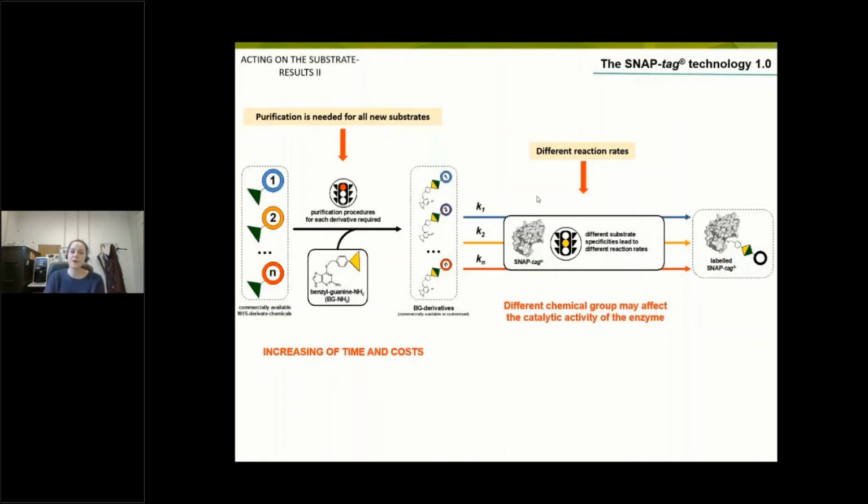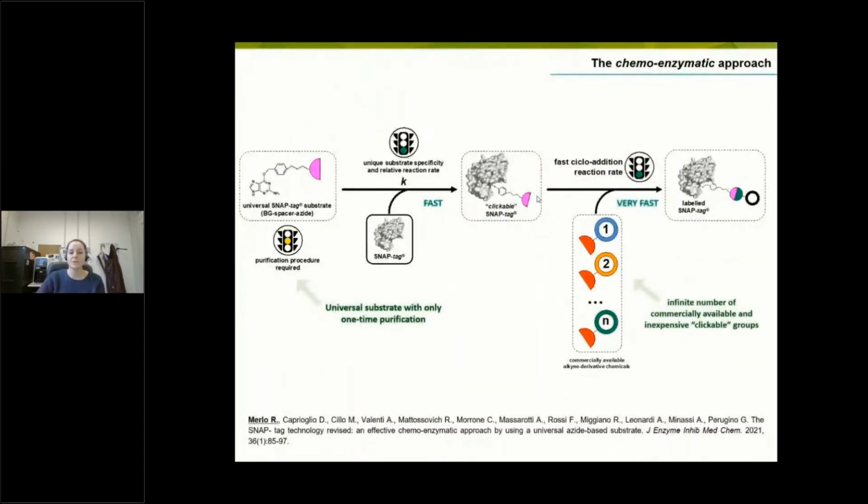So we propose a novel approach which splits the reaction into specific and fast steps. One is an enzymatic reaction and regards an azide-based substrate, which requires just one purification procedure and a unique reaction rate.